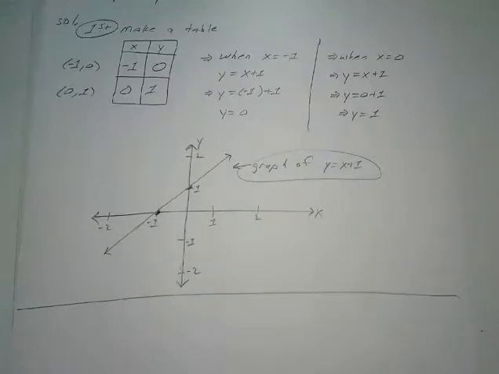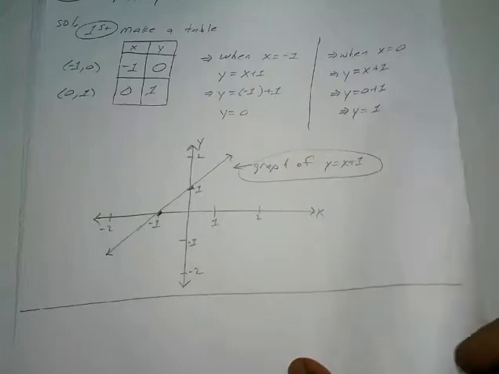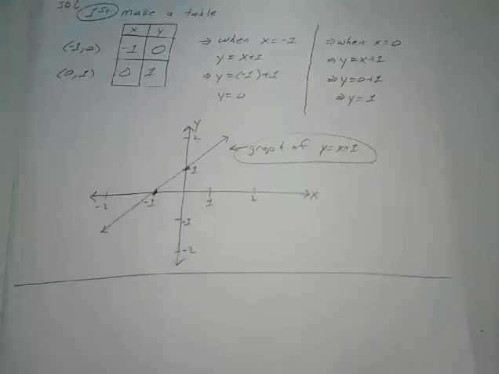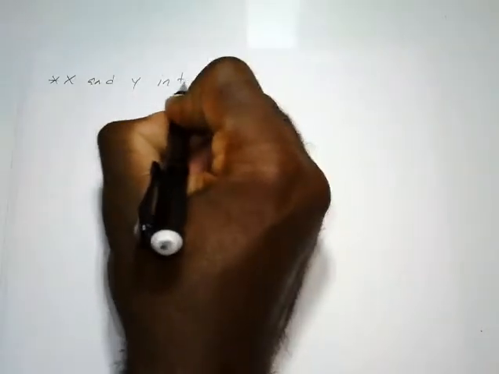Okay, so right now, we're going to look at the final thing we'll cover, which will be our x and y intercepts. So x and y intercepts are pretty straightforward. The x-intercept is when the graph crosses the x-axis, and the y-intercept is when the graph crosses the y-axis.